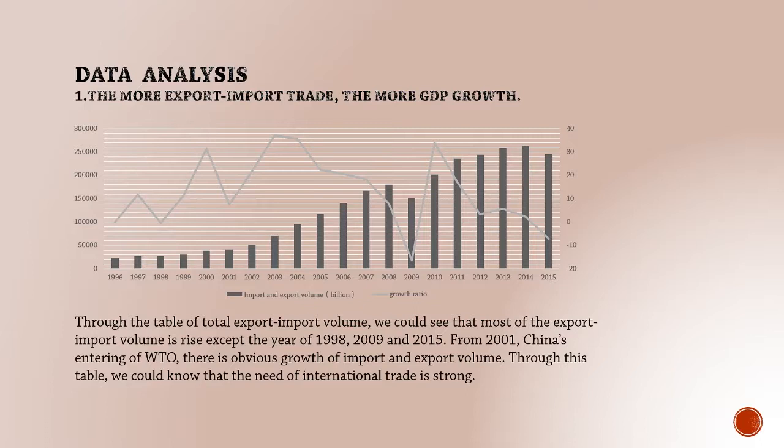From 2001, when China entered the WTO, there is obvious growth of import and export volume. Through this table, we could know that the need for international trade is strong.